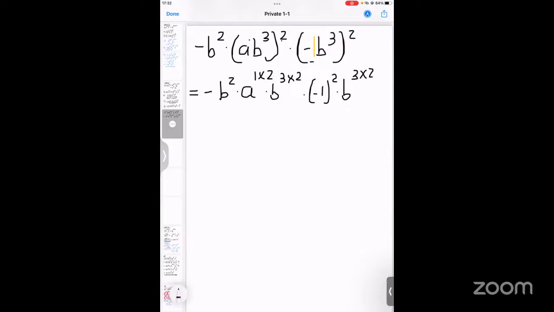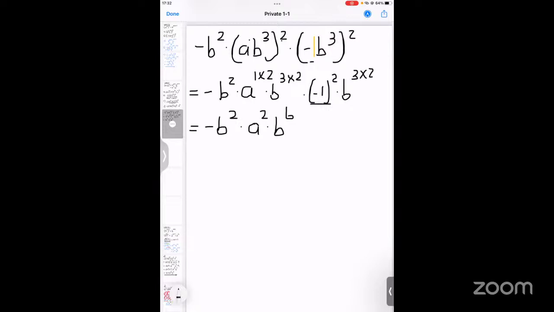Okay, so now let's see. That means we still have our negative b squared, where we multiply our a to the exponent of 2, and then we have our b to the exponent of 6. Okay, so what will that be, Langelihle? Negative 1 inside the bracket squared, what will that be? It'll be plus 1.